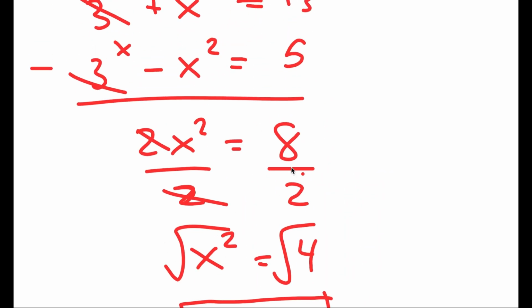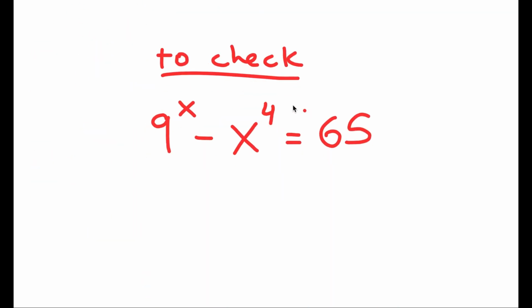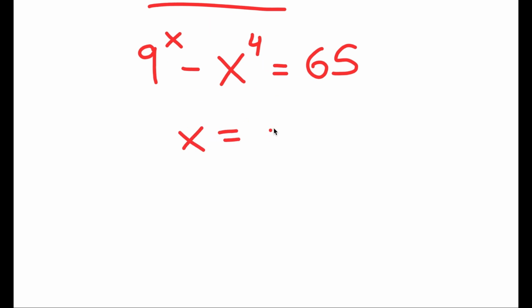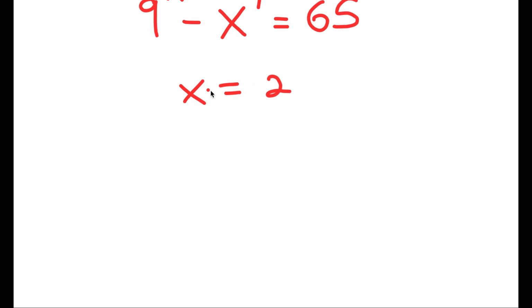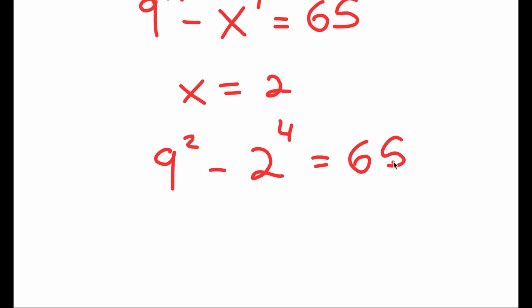And we got that x equals 2 over here, x equals 2 over here. So I'm going to plug in 2 over here. So I get 9 to the power of 2 minus 2 to the power of 4 is equal to 65.